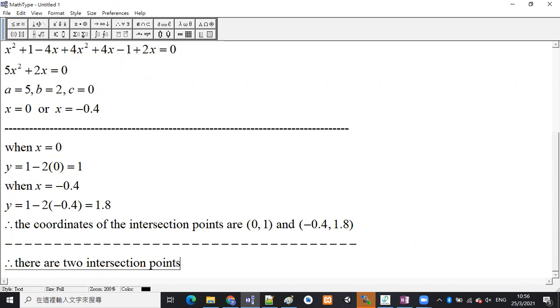Okay, so that is the answer for this question. Can you get this?